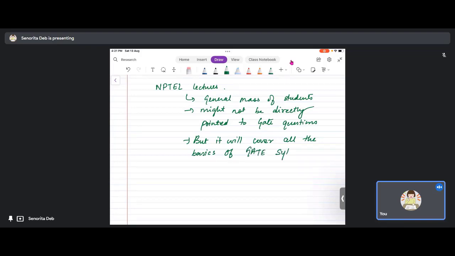It will cover all the basics of the GATE syllabus. I know the NPTEL lectures are very elaborate, so you can choose between the topics. You might skip topics according to your need, that you have to decide. But I don't think any other lectures from India are better than NPTEL lectures.